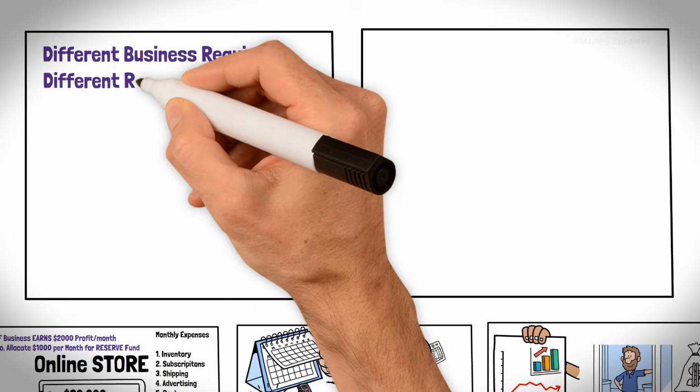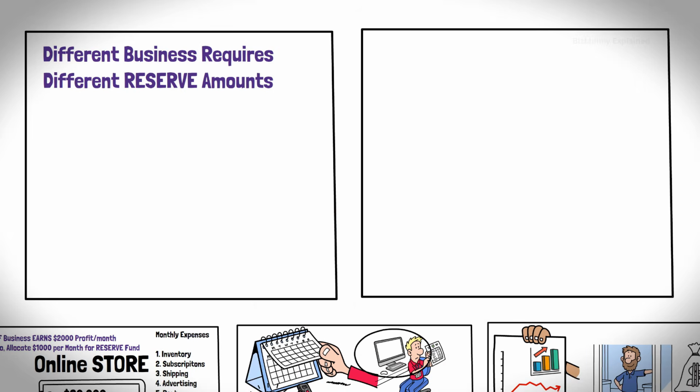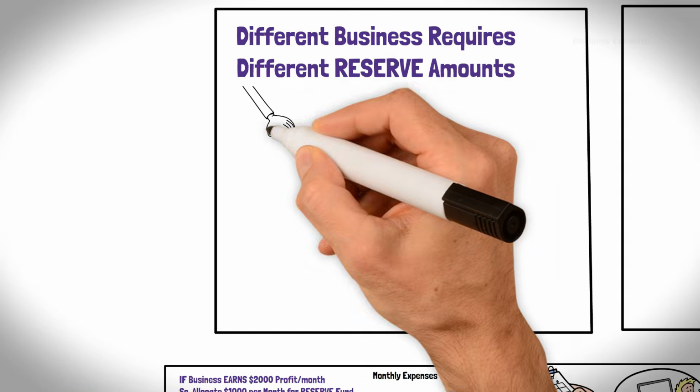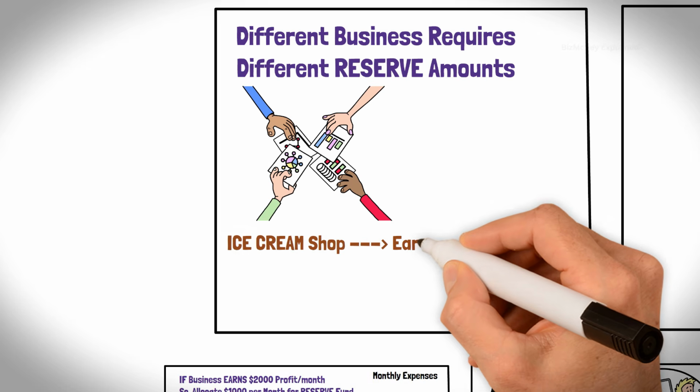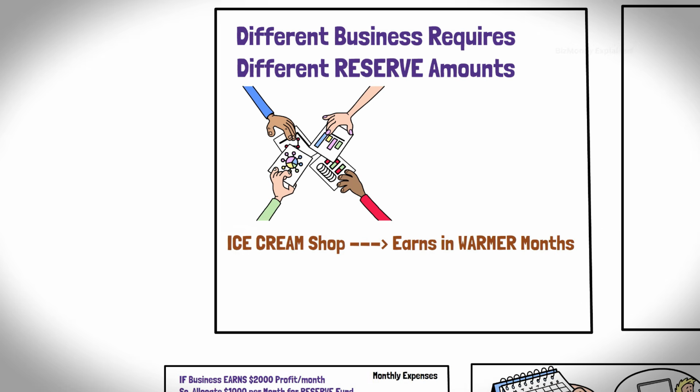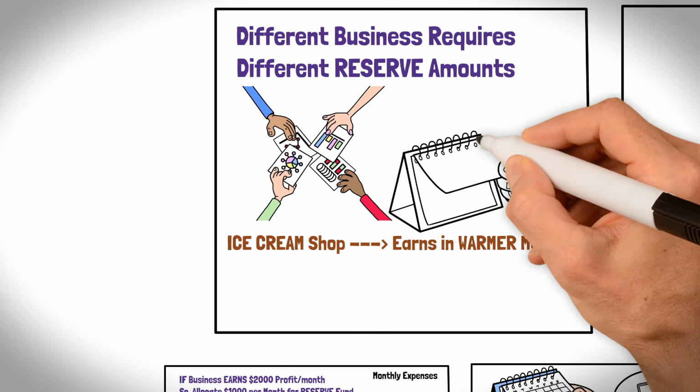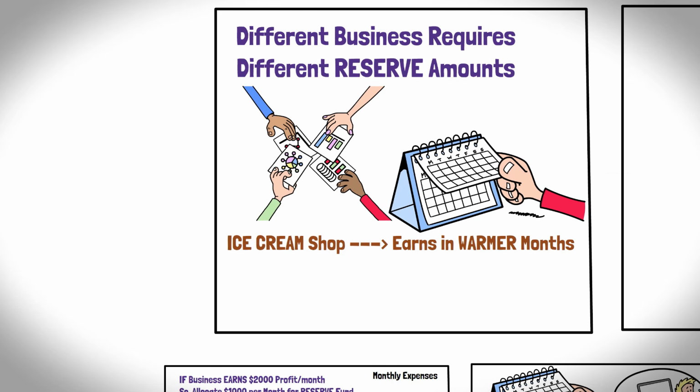Different businesses require different reserve amounts. A company with stable recurring revenue may need a smaller reserve than a seasonal business. Imagine an ice cream shop that earns most of its revenue during warmer months. During slower seasons, sales may decline significantly while rent, utilities, insurance, and payroll continue.